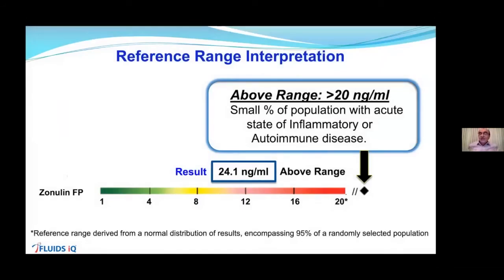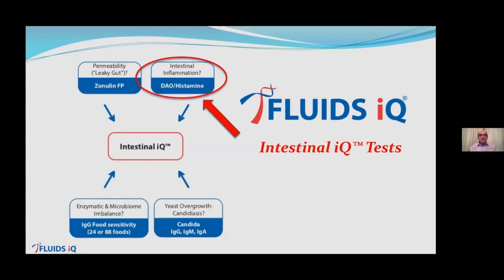It can actually go way above range. We have people who are undiagnosed celiacs or diabetic conditions where they are sitting way above 20. They can be in the 30s and 40s. These are people who have acute problems that must be dealt with.